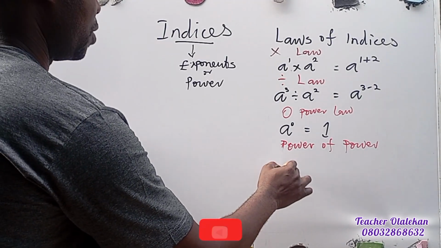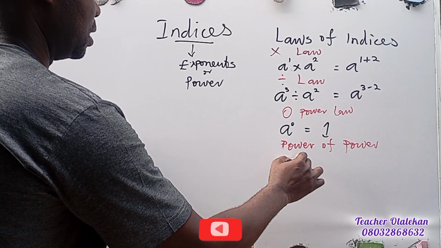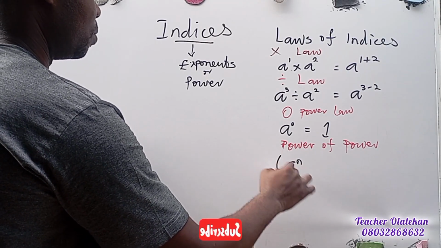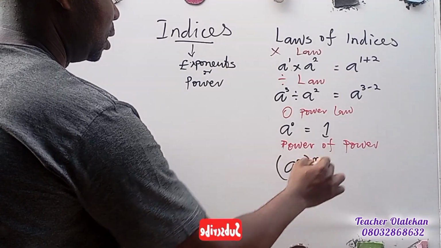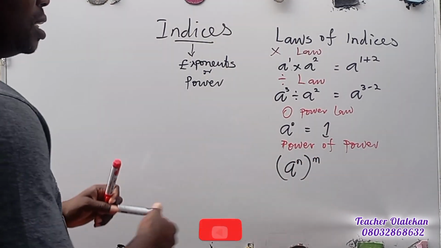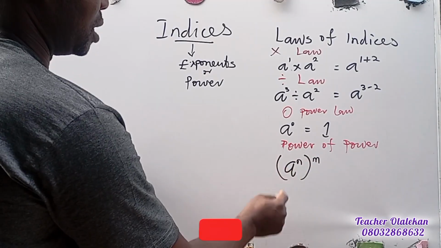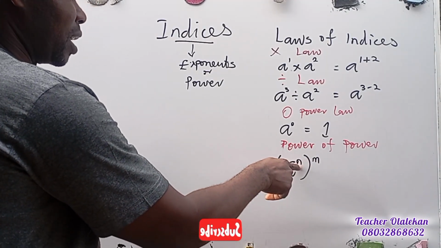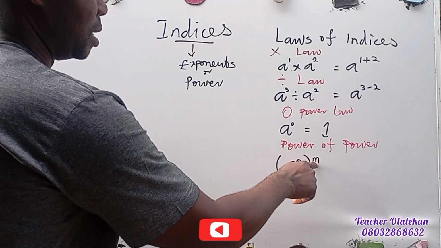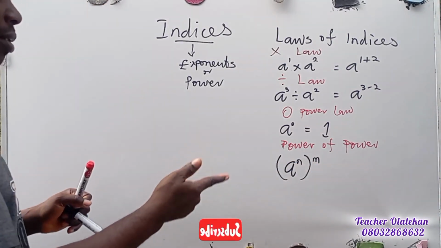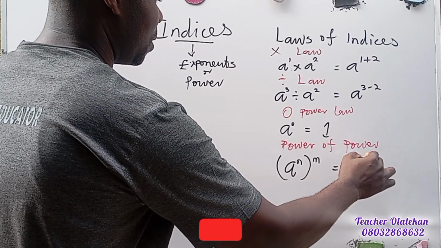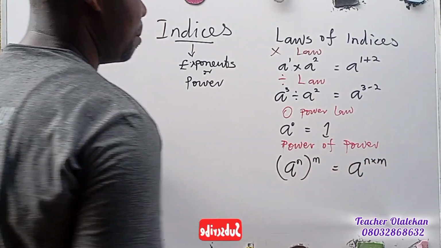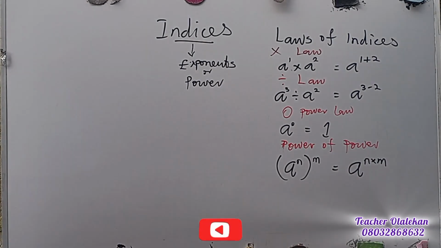It says that if we have a raised to power n, in bracket, raised to power m, what this means is that you multiply the exponent. That means you have the first exponent inside the bracket on the base and the other exponent outside the bracket. So you multiply them. That becomes a raised to power n multiplied by m. So that is the power of power law.